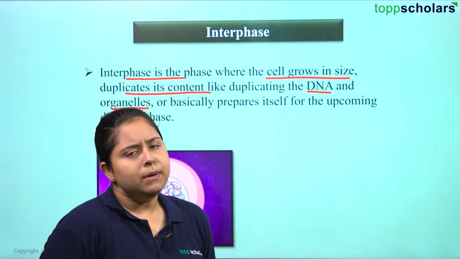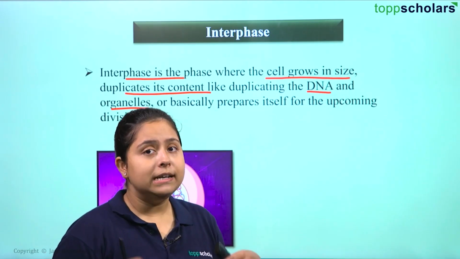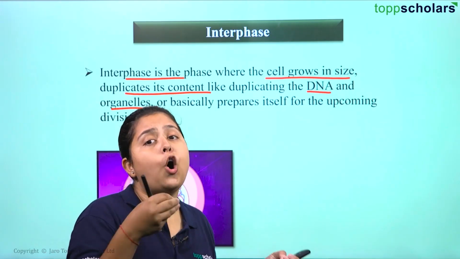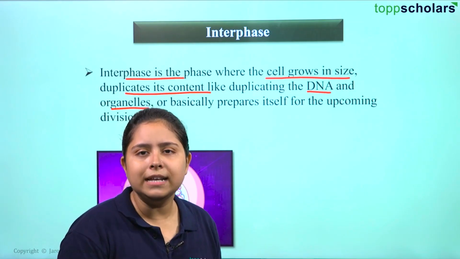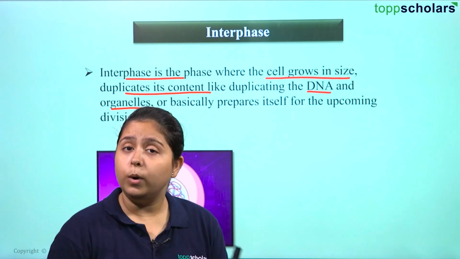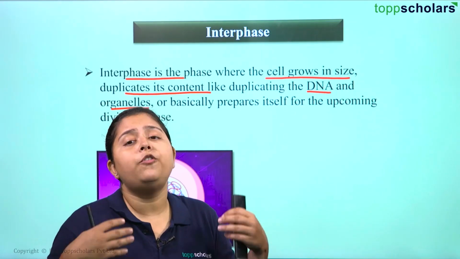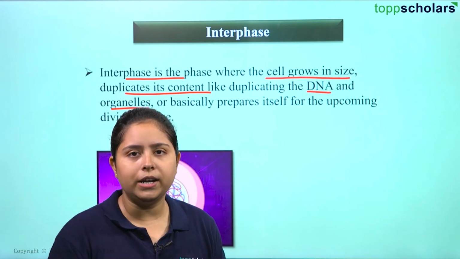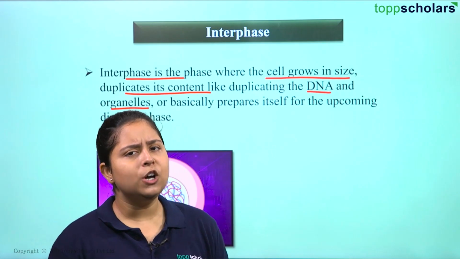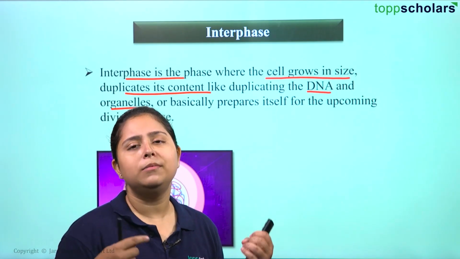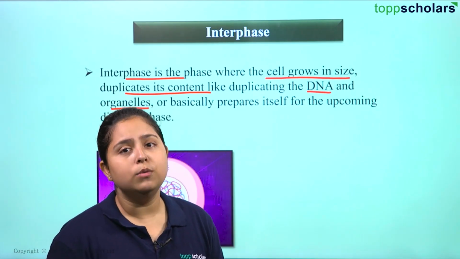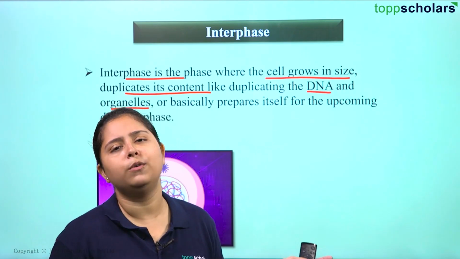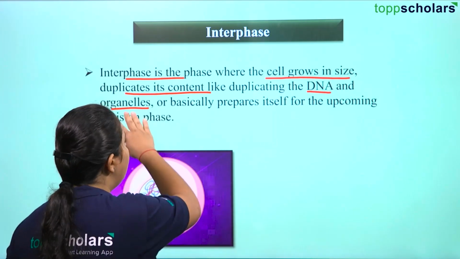Similar to how we have organs in our body, cells have organelles as cellular structures. What are these organelles doing? They are performing various functions to carry out all the cellular activities. Can you give me some examples of cell organelles? Yes, mitochondria, ribosomes, we have Golgi apparatus and many more, right? All of these are organelles.